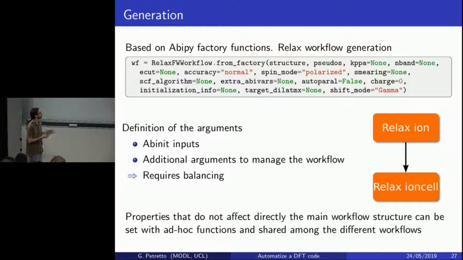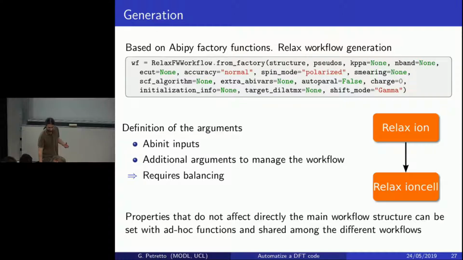So one has to try to balance these kinds of things when writing a new workflow. And also maybe trying to abstract all those functionalities that are not really specific to one single workflow but shared among all of them, and we try to have functions that set those properties of the workflow that are common to all the workflows from external functions that can set these kinds of things.